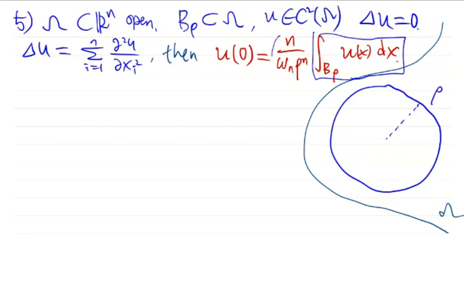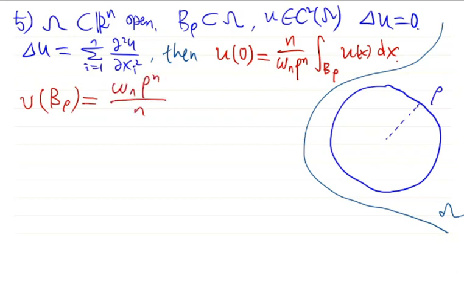And the factor in front of this integral is the inverse of the volume of the ball, because omega n is the area of the unit sphere. Then using the Euler formula, you can prove that the volume of the ball of radius rho is omega n rho n over n.